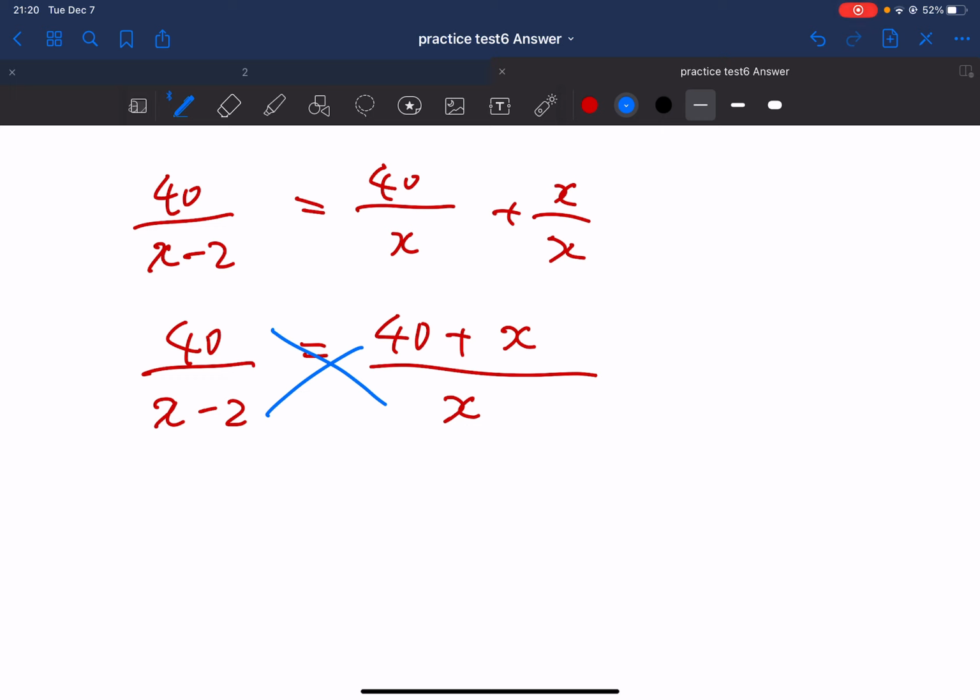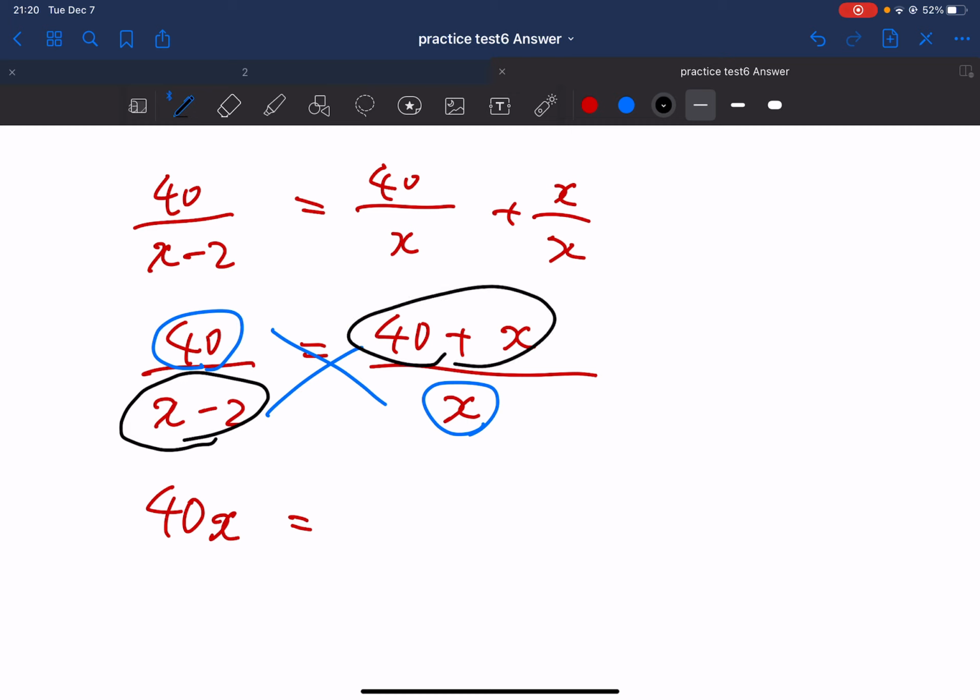So 40 times x is 40x. x minus 2 times 40 plus x.